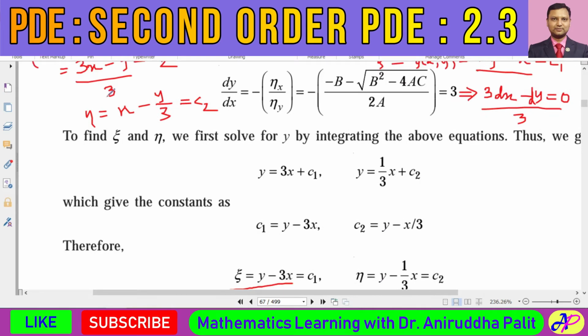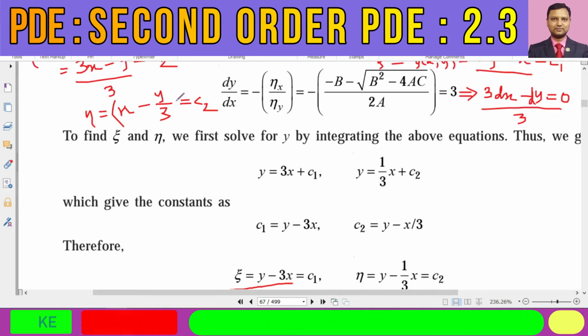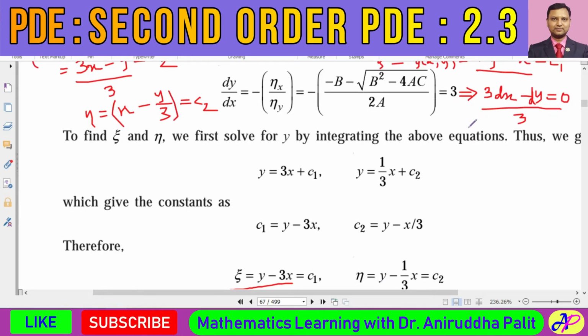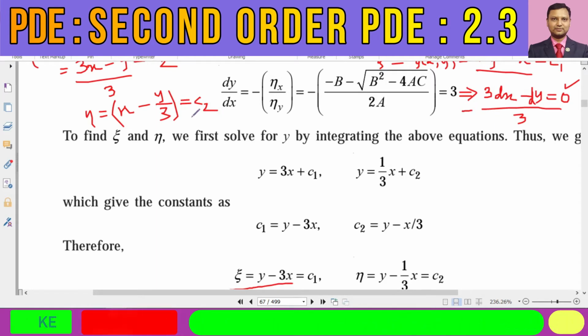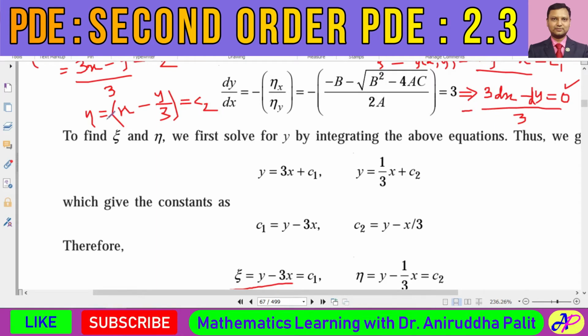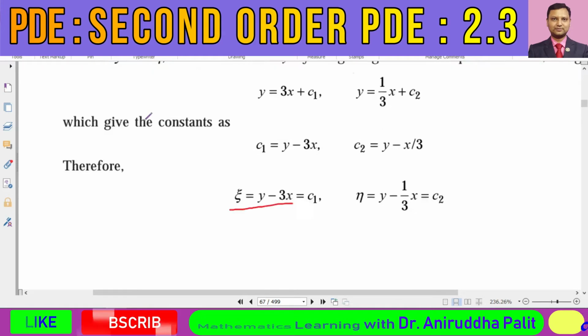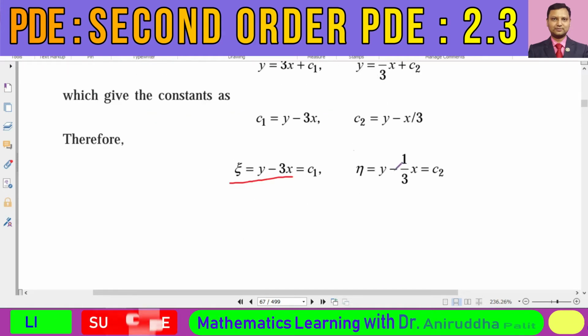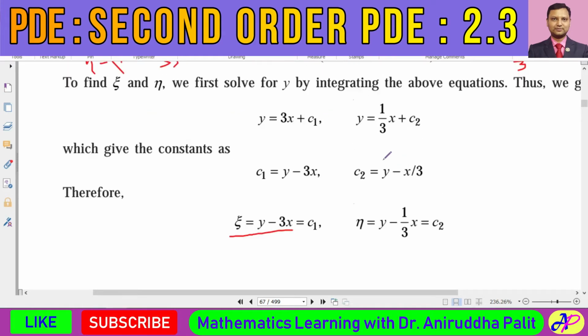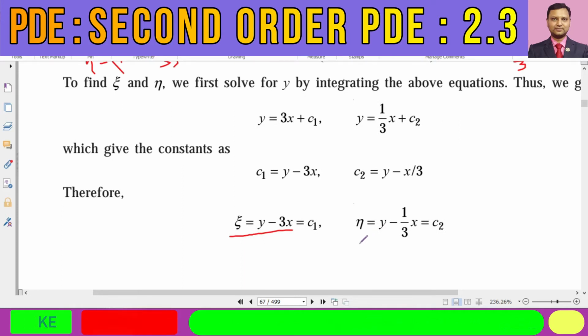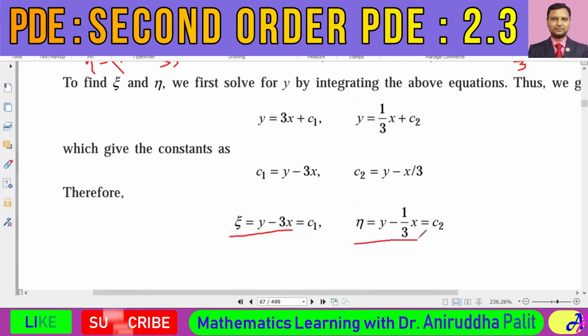You can also adjust the positive or negative sign over here, because on the right hand side we have 0. So you can simply consider the positive sign or the negative sign as well. In that case, eta would be equal to y by 3 minus x, or y minus x by 3. So in this way, it would be the expression of eta.